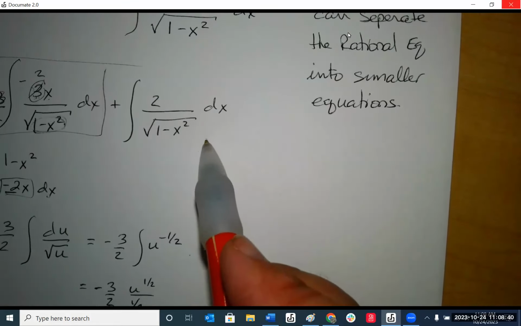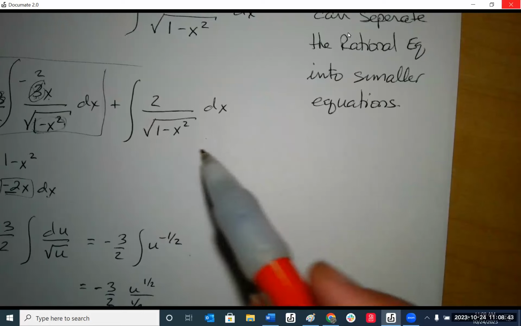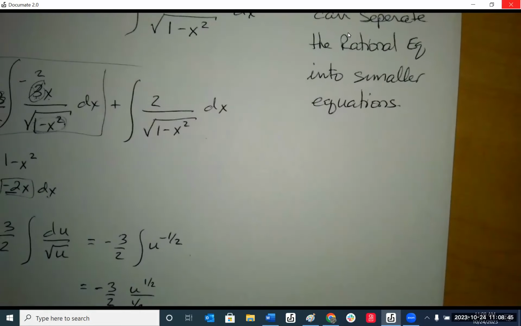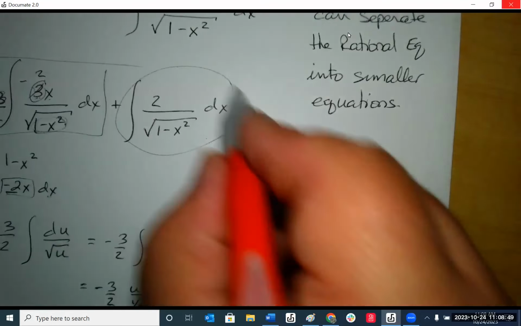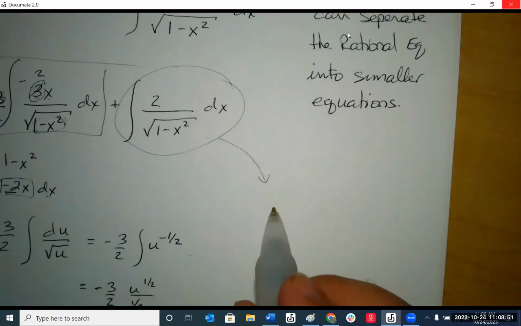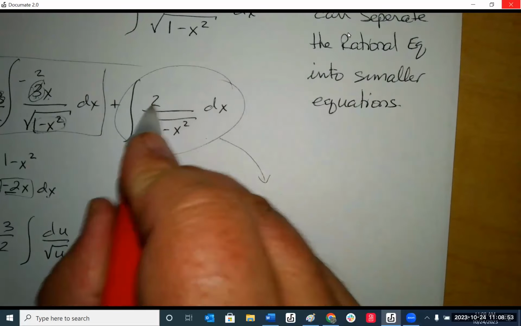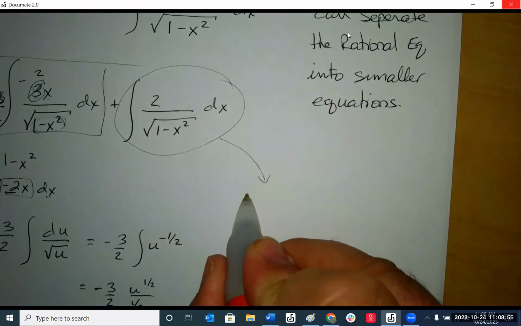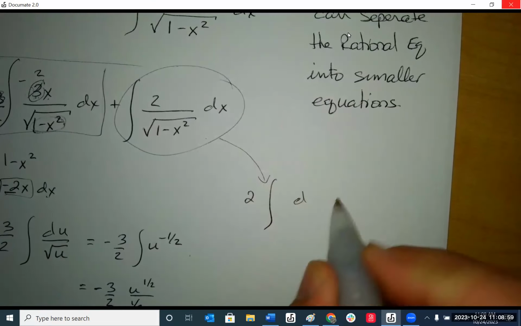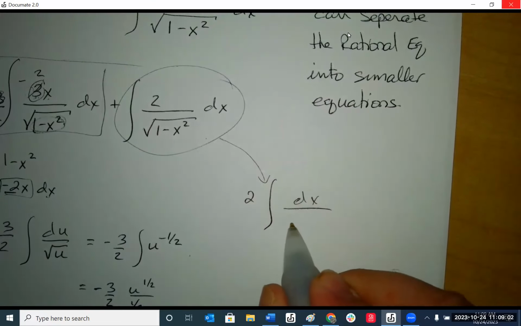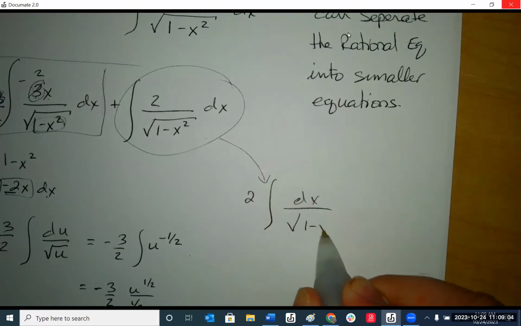What about this one? Now for this one, since there's nothing on top of it, it's just a 2, dx over 1 minus x squared.